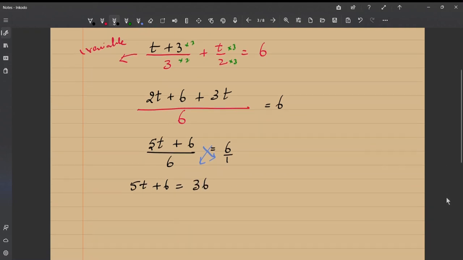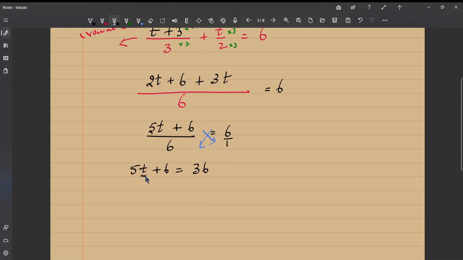Now, isolating the variable t. Our purpose now would be to isolate the variable t so that we get the value of t. So, the first step towards it would be to shift the 6 to the other side. 36 minus 6 gives you 30. Now, t is equal to 30 divided by 5, which is equal to 6.